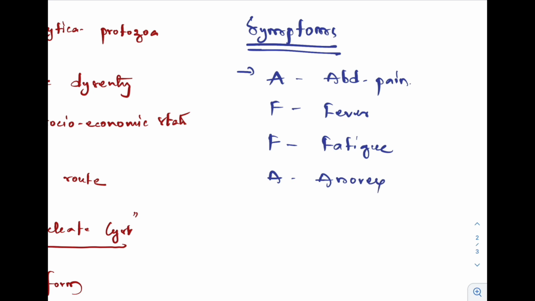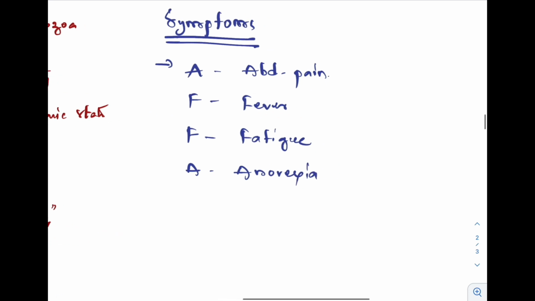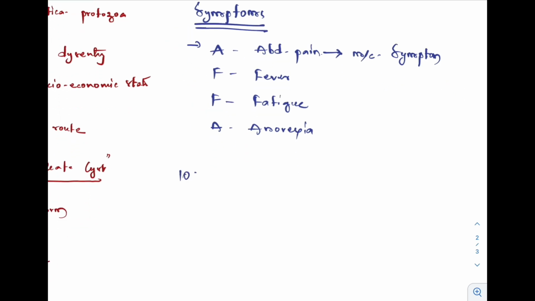Out of all these four symptoms, abdominal pain is the most common symptom seen in patients of amoebic liver abscess.